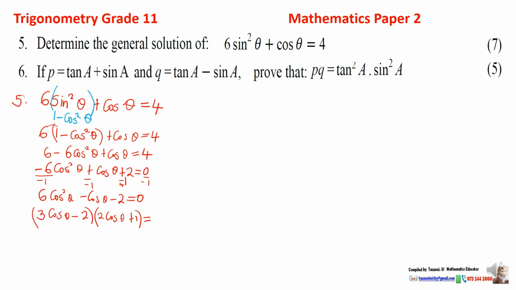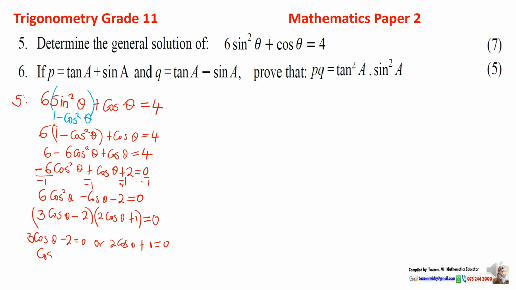After factorization, we now solve the two brackets separately. 3 times the cos of theta minus 2 is equal to 0, or 2 times the cos of theta plus 1 is equal to 0. Then carrying on, move the 2 to that side and then divide by 3.